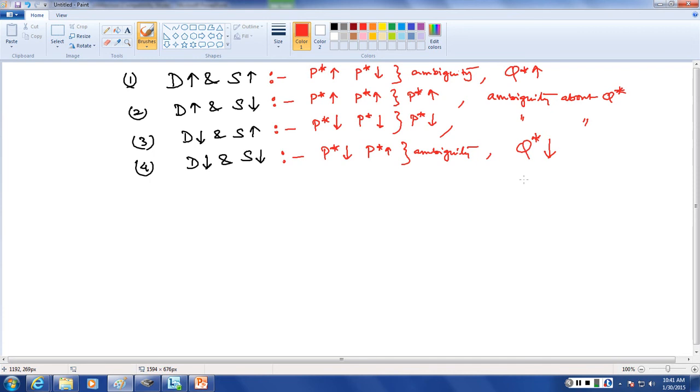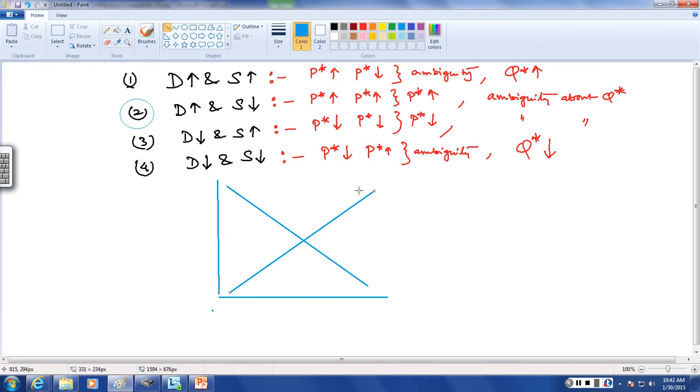Now, there is a way to look at this graphically also. And let's just pick one of these, all right? Let's say we go with number 2 here. Okay? And let's analyze number 2 graphically. Quantity, price, demand, and supply.